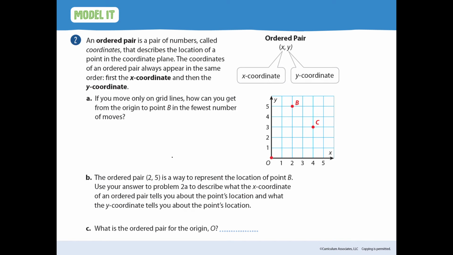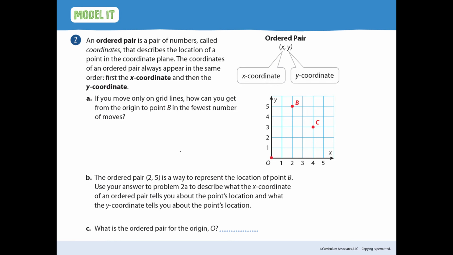A. If you move only on grid lines, how can you get from the origin to point B in the fewest number of moves? I would like you to try this out and then press play to see if you have it correct.